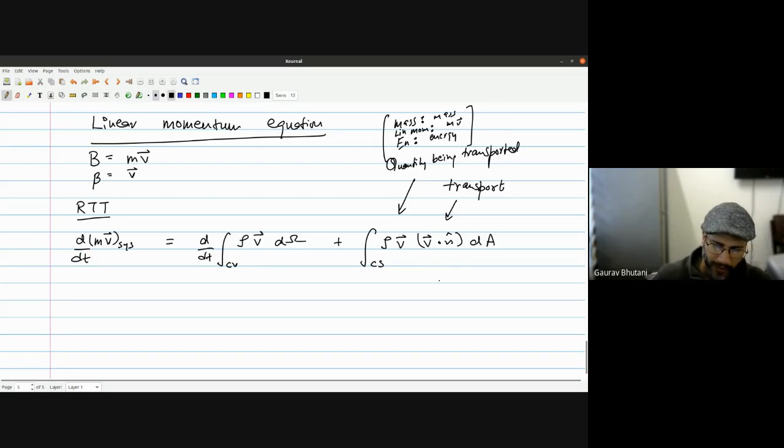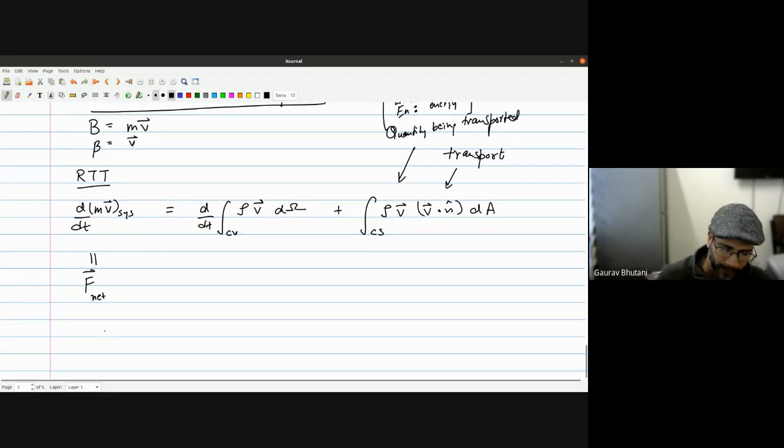Now again, as earlier, the reason we use the Reynolds transport theorem is because it helps us apply the physical laws, and the rate of change of the linear momentum of a system is nothing but the net force acting on the system. So this allows us to write the linear momentum equation for fluids in the control volume sense.